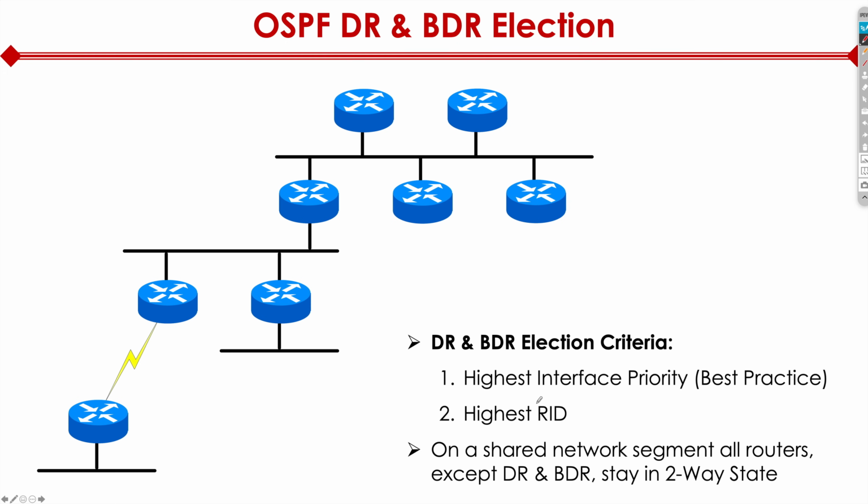And the criteria for the election is the highest interface priority. If that's not configured, then the highest router ID will end up becoming a DR or BDR.